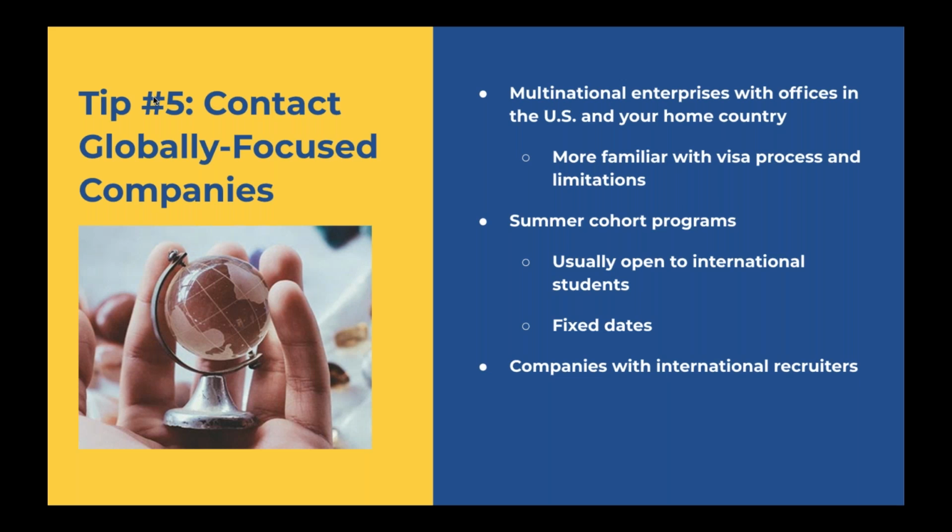Fixed dates also mean that you can plan backwards and guesstimate when next year's cycle might open. If the application for the internship cohort has had a January 1st application deadline for the last 5 years, it's likely that schedule is going to remain the same moving forward. So you can plan a little bit more strategically by looking at companies that have these organized cohort groups.